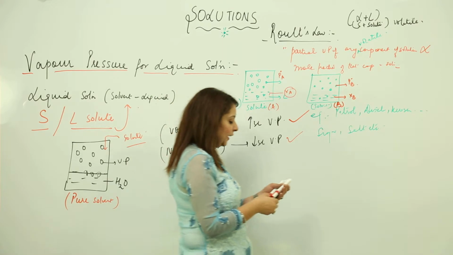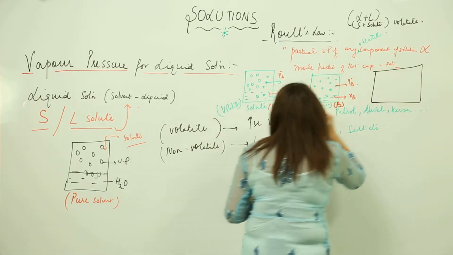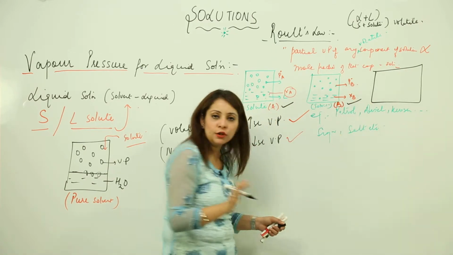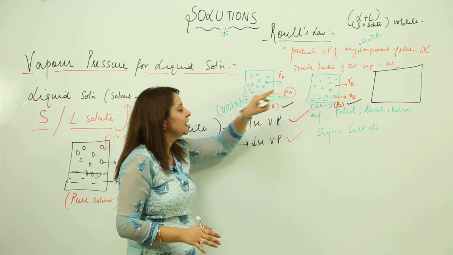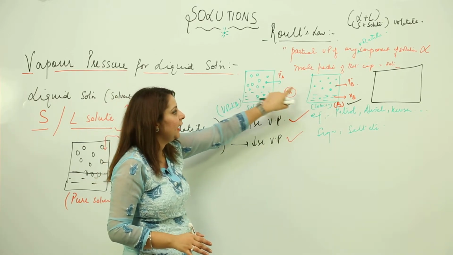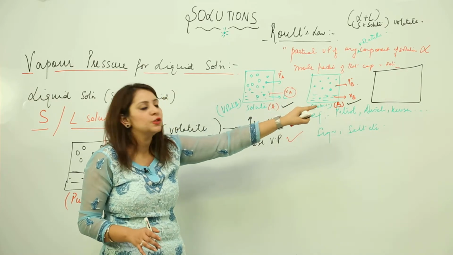Now, for this law we need to make a solution. So let this be a solution in which we are adding both, both volatile, with mole fractions XA and XB, and partial pressures P naught A and P naught B. Let us mix the solute and solvent in a container to form a solution.